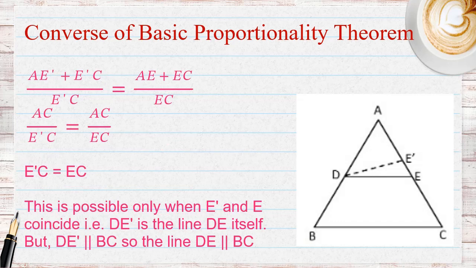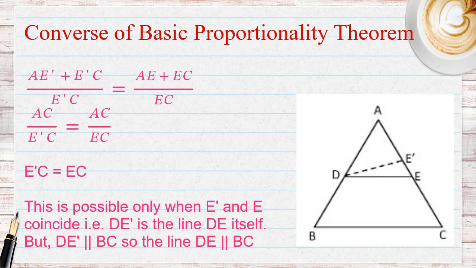But from the figure AE dash plus E dash C will give us AC, right? Similarly AE plus EC will also give us AC. So AC cancels out. What is left is E dash C equals EC.